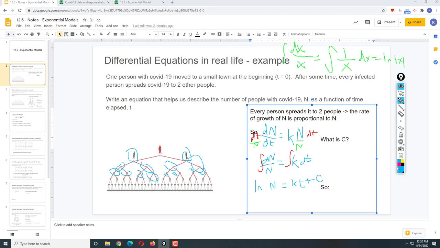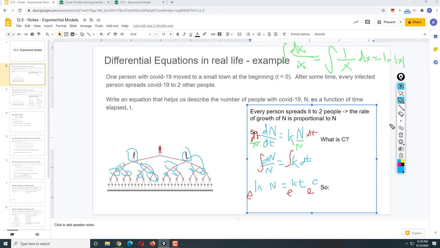Next, I take e to the power of both sides. So e to the power ln n is equal to e to the power of kt plus c. By properties of exponents, e to the kt plus c is the same as e to the kt times e to the c.